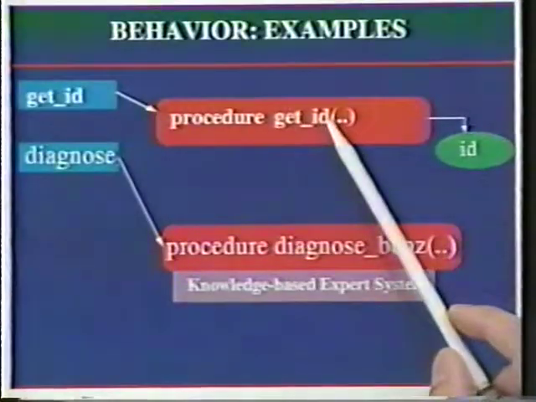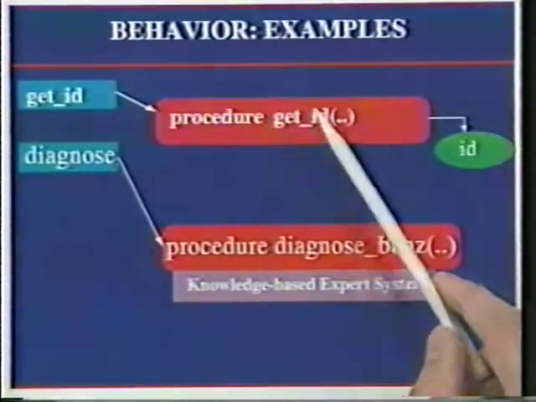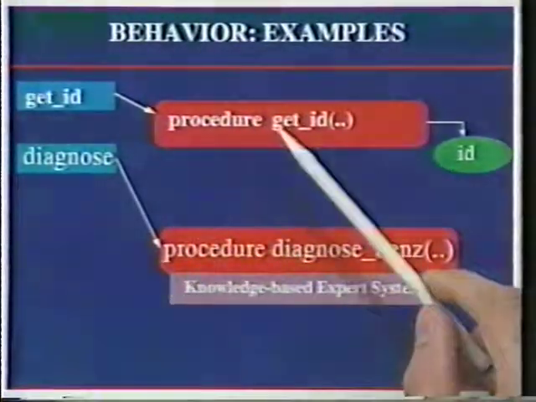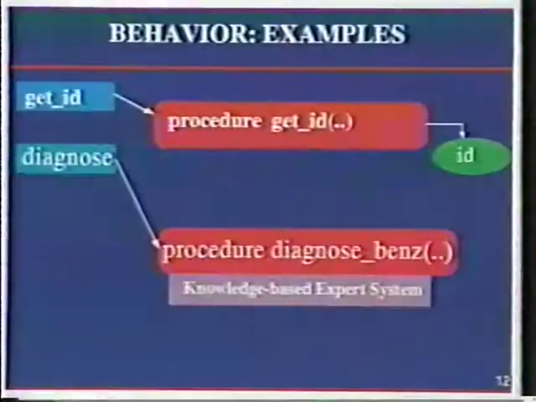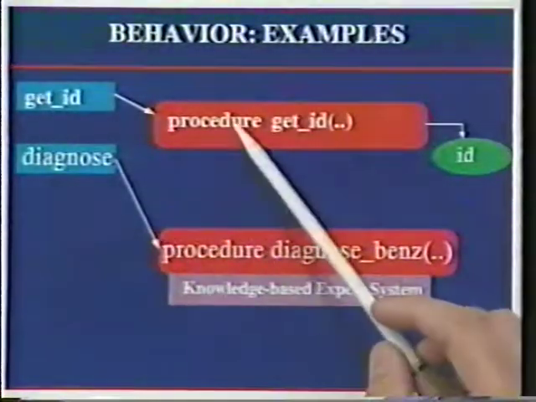So, depending on who asks you the salary, you give a particular response. So, that particular behavior now can be encoded using procedures of this sort. So, you can hide the internal details of the implementation from the external interface as such.